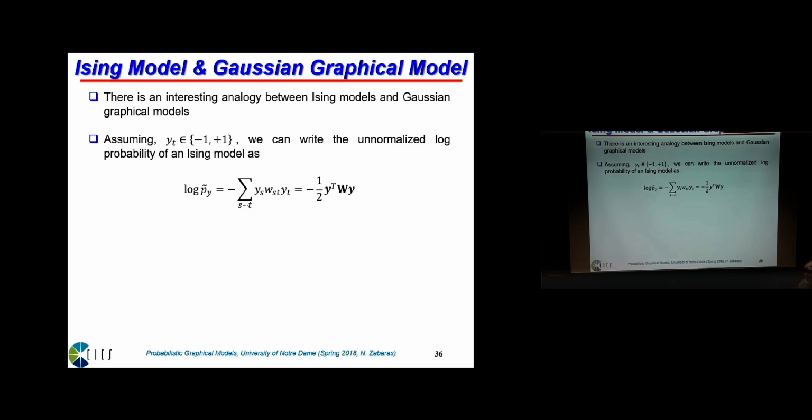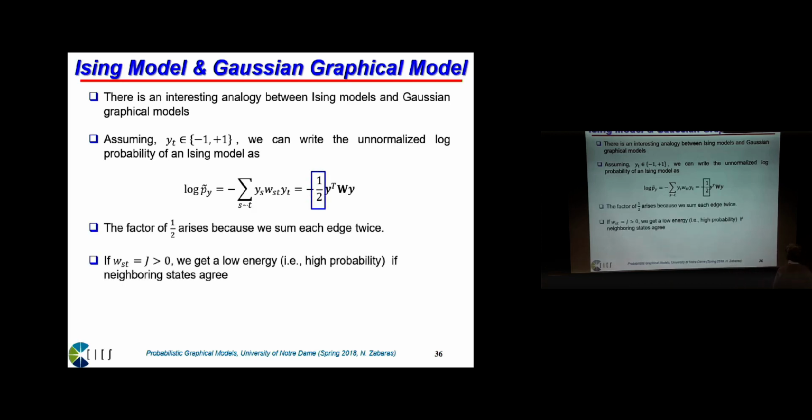So basically, this is like summing all the energies of these terms over the pairs, and if you want to write this in a matrix form, you will put 1/2, because this is an undirected graph, you don't count the interactions of nodes i and j twice, okay? So immediately you can see that this looks like a Gaussian graphical model, all right?